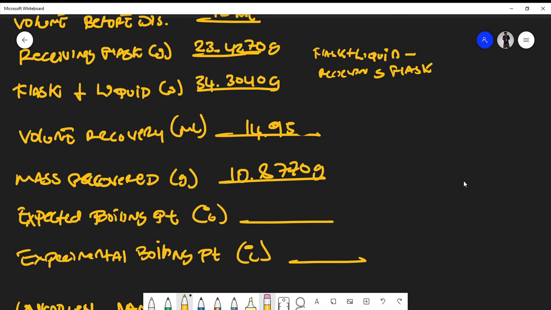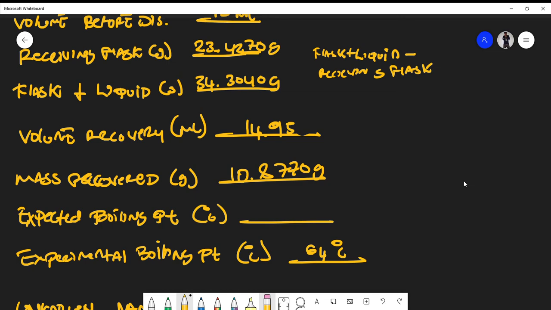So, based on your knowns, what is the experimental boiling point that I got? The experimental boiling point that I got was 64 degrees C. Now, based on the compounds that you're working with, you have to look at the boiling points of the liquids and see which one is closest to that 64.